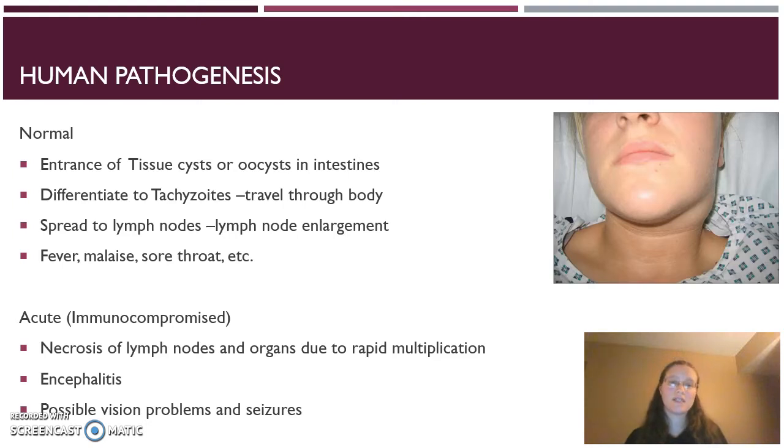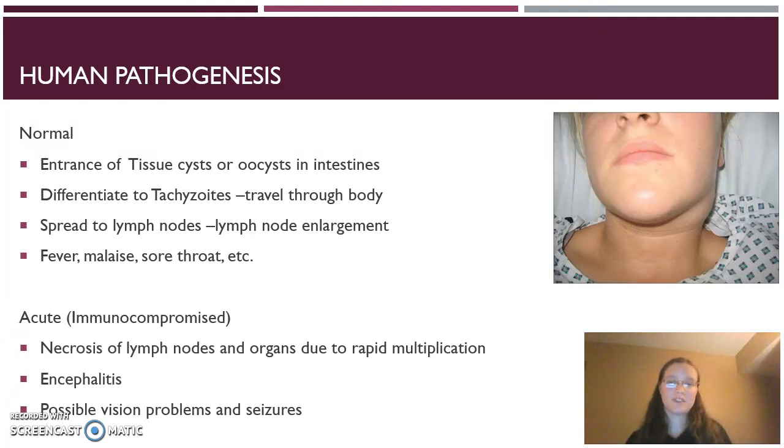They differentiate into tachyzoites and travel throughout the body, and usually they spread to the lymph nodes first, where the only distinctive symptom that you will generally see is lymph node enlargement. This can be accompanied by illness, fever, malaise, sore throat, headaches, and things like that. But it will normally go away by itself without treatment.